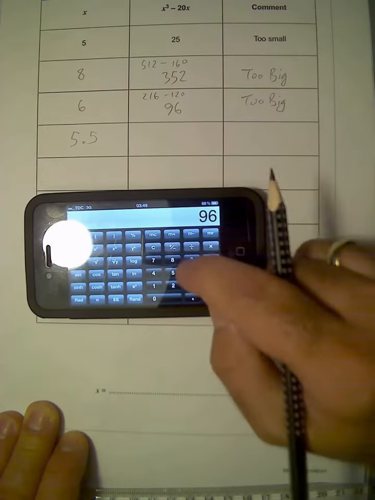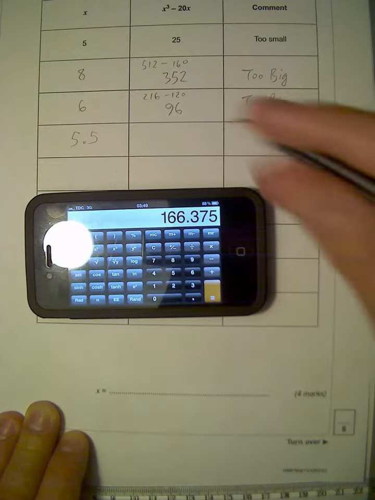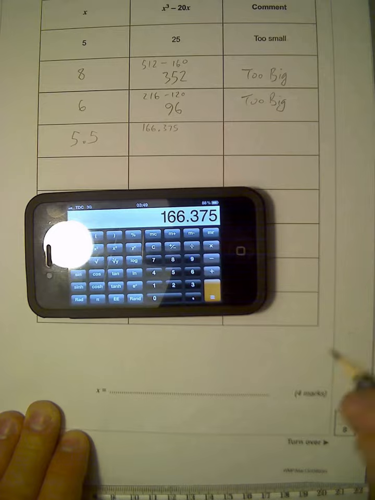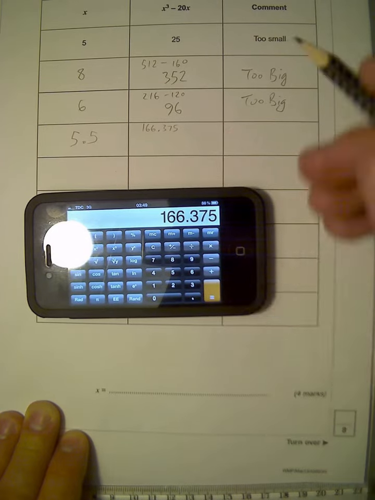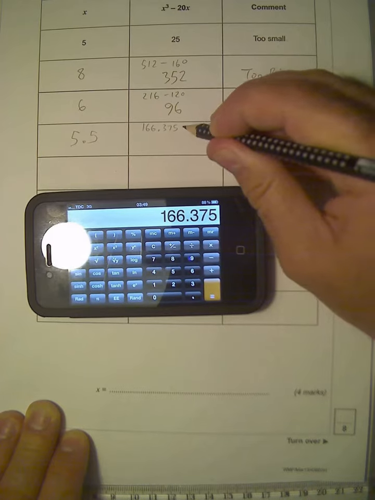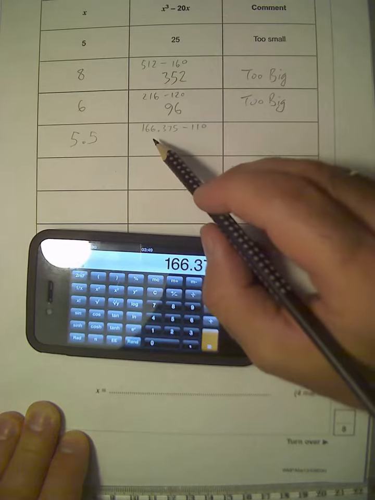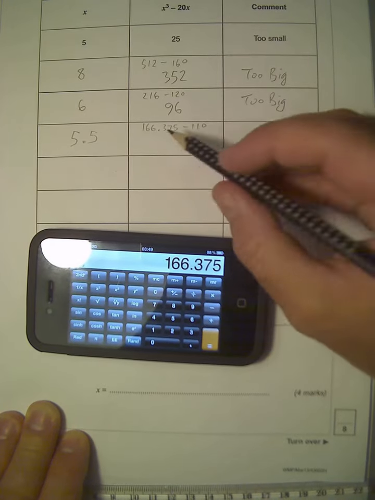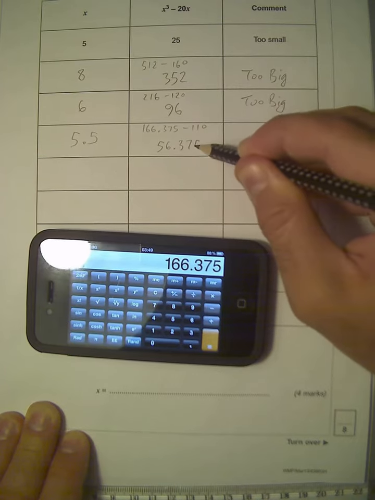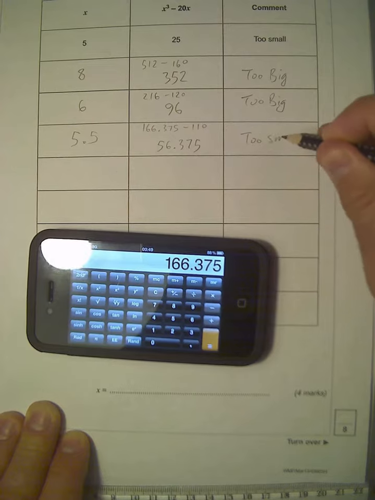So if x is 5.5, 5.5 cubed, I've got a button for it there, is 166.375. 20 times 5.5 is 110. So x cubed minus 20x would be 166.375 minus 110, 56.375, which is still a little bit too small.